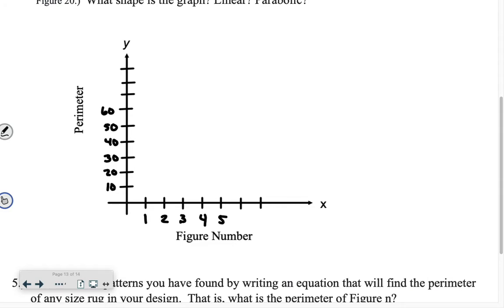What do we do? Y is equal to... which is what I had at first.